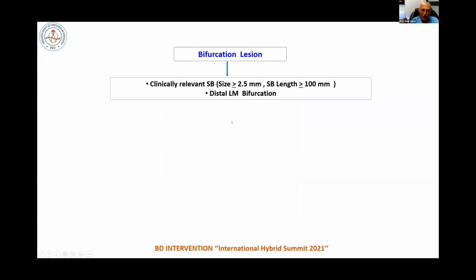Then to conclude, or to summarize, generally in bifurcation, one option is to keep it open when you have a very small side branch, but it's not the case of distal left main, because we are dealing with something that is not a side branch but the main vessel.